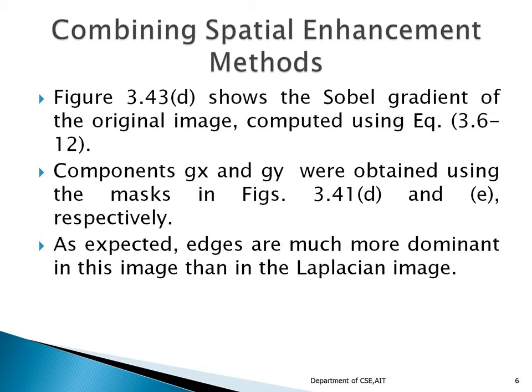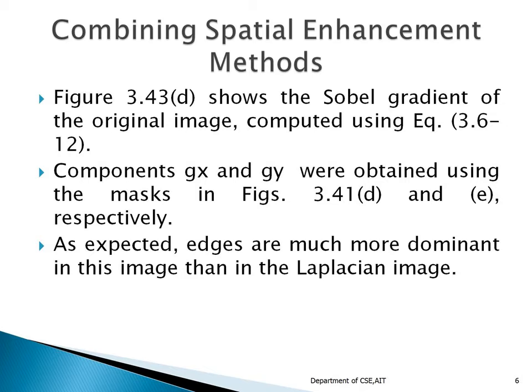Previously we had talked about the Sobel gradients. Figure D shows the Sobel gradient of the original image which is computed. The Gx and the Gy will be obtained by making use of the masks in D and E respectively.